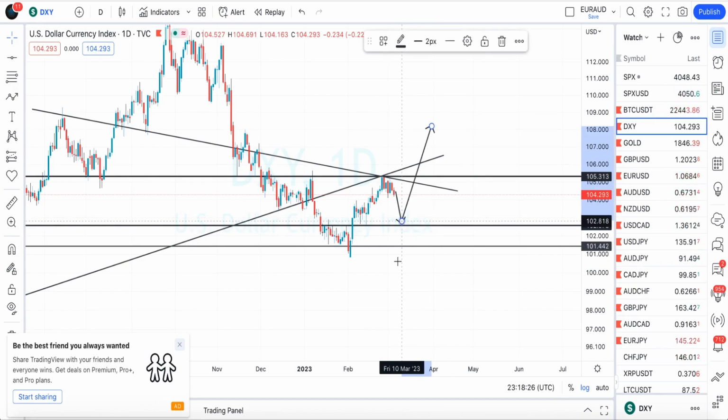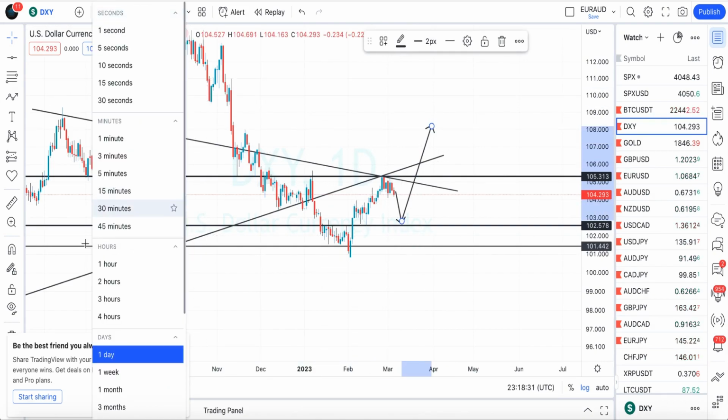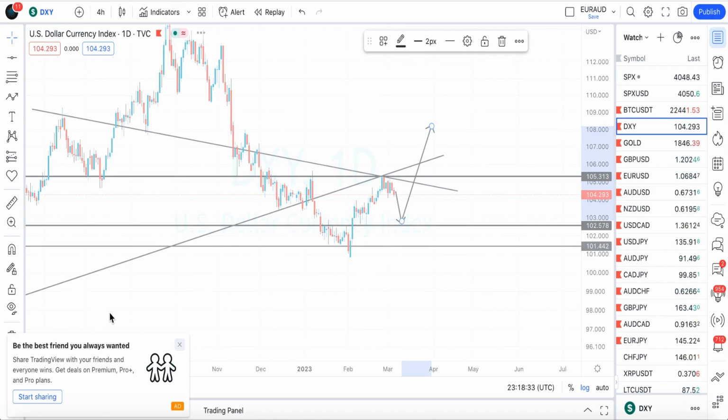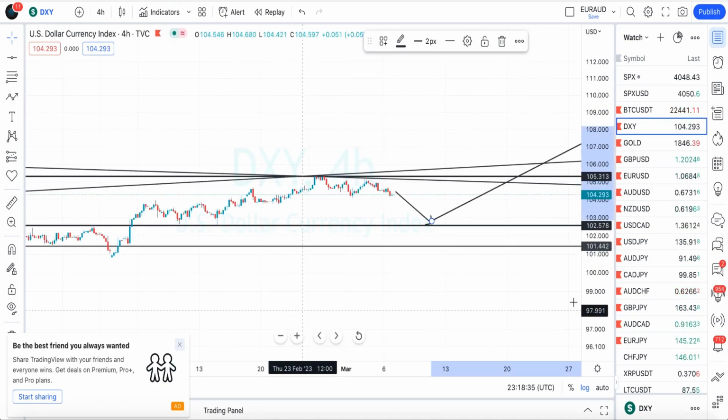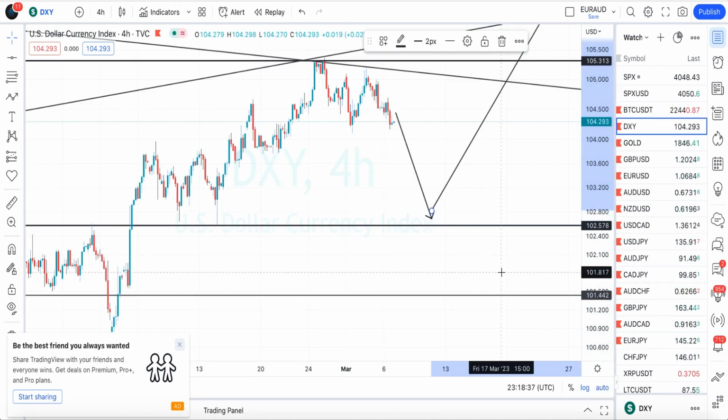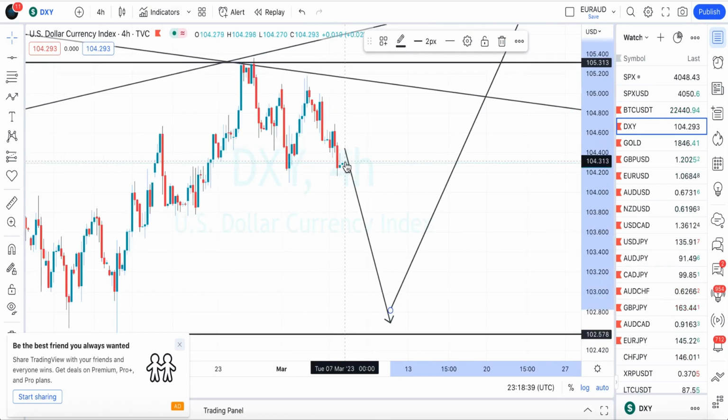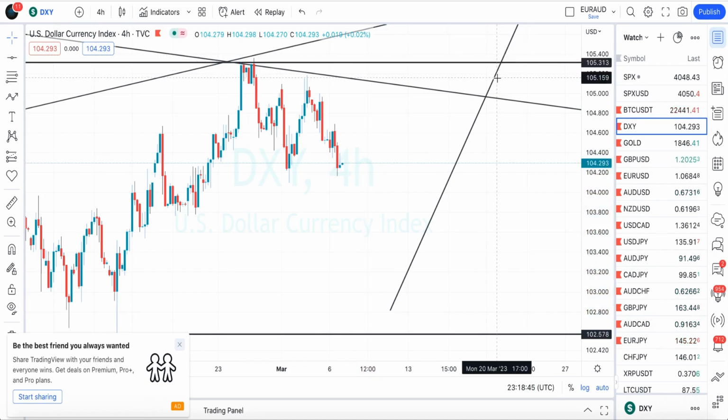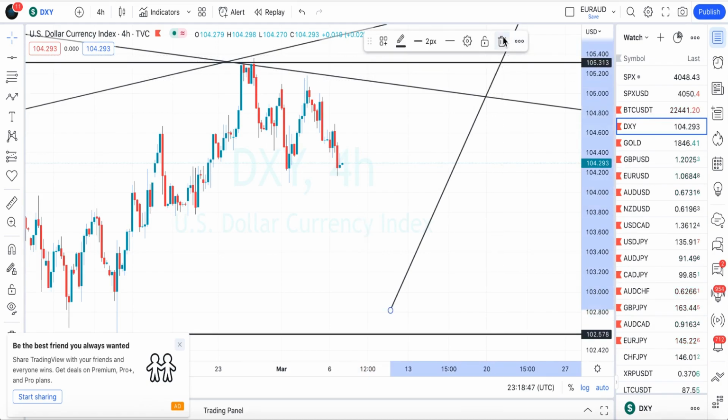So I'm still anticipating, but let's move to the 4-hour candle on this DXY. On the DXY, there is another speculation that I want you to look at. Eventually we might see a bounce that might even look like a retracement at this particular area.